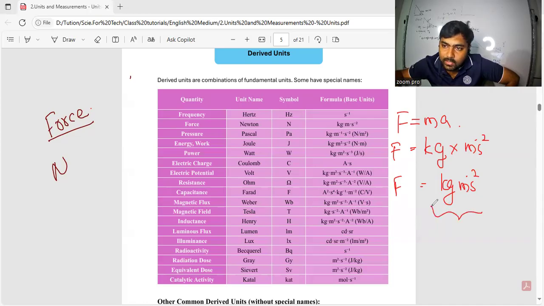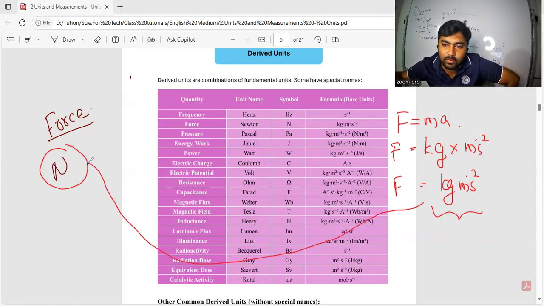Instead of writing this, Newton is written because this is a special symbol which is written for force. Understood? Instead of writing this, we can just write Newton.